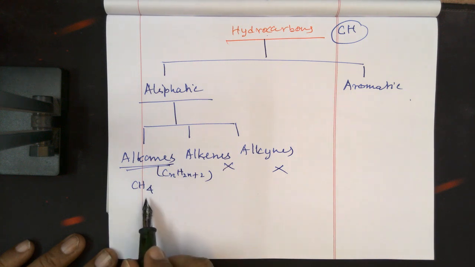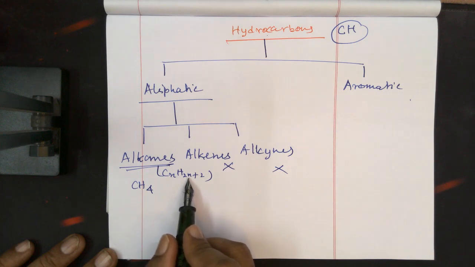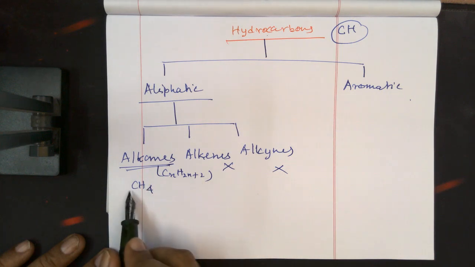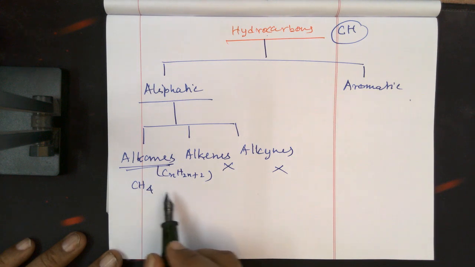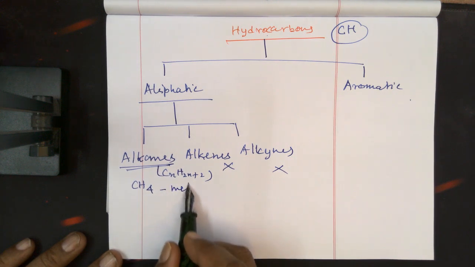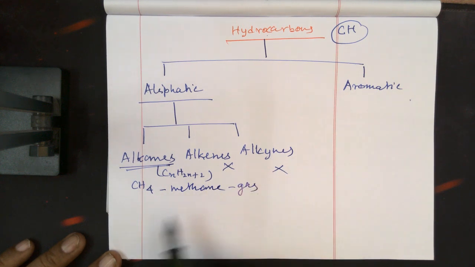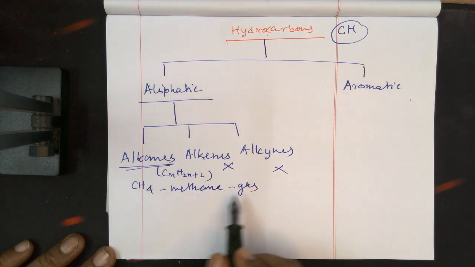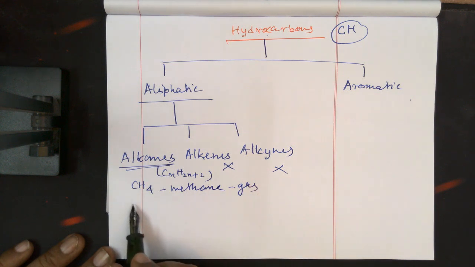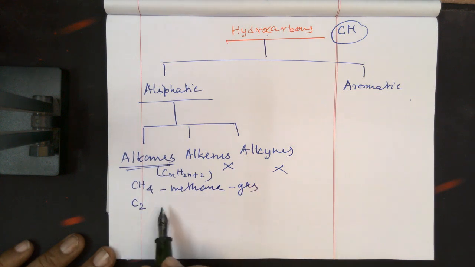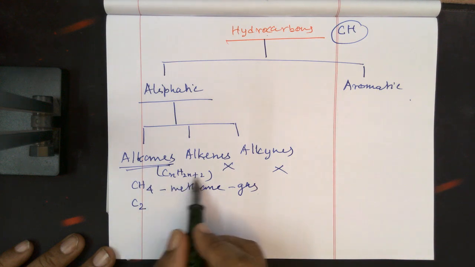So methane, if there is one carbon, 2 into 1 plus 2, 4. So CH4 is the molecular formula of methane. It's a gas. It's highly inflammable. Then we have C2, 2 into 2, 4 plus 2, 6.